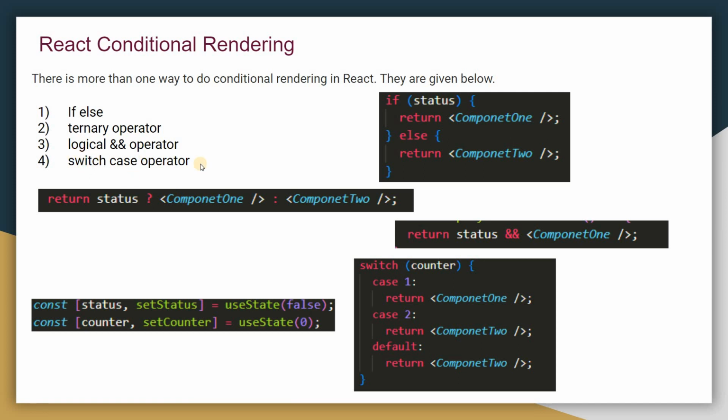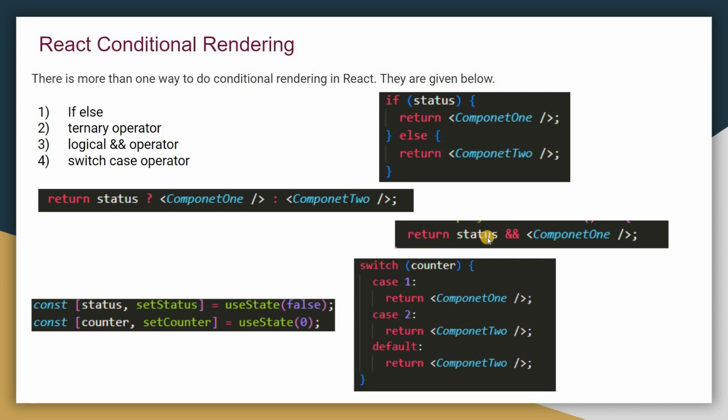And the third way is the logical AND operator. Here this is the status value. If the status value is true, it means that we are displaying component 1.